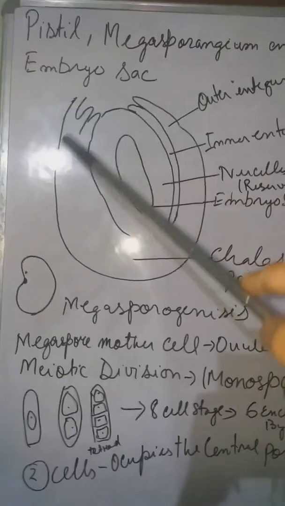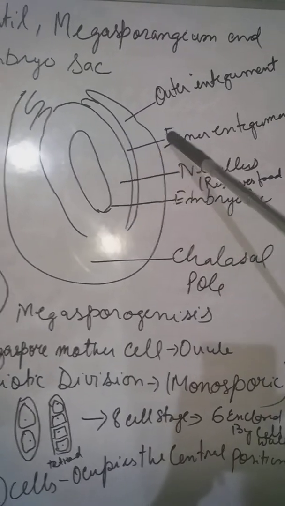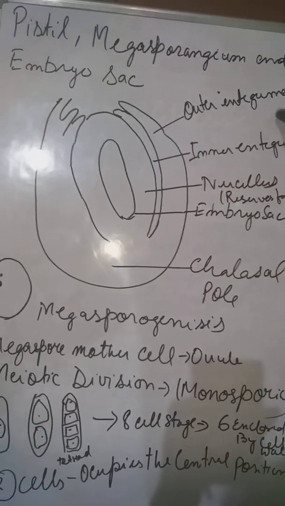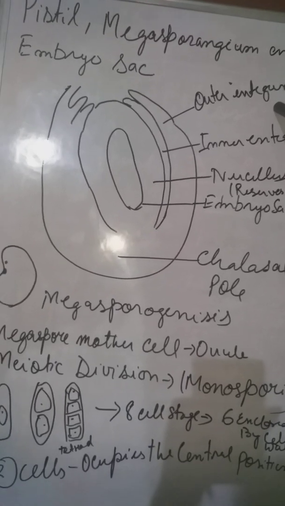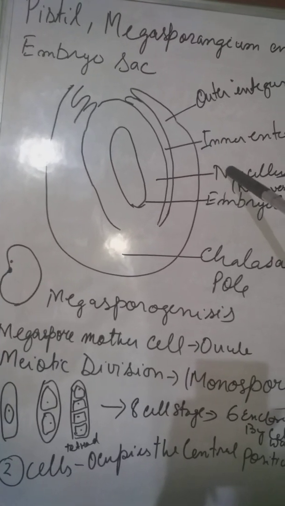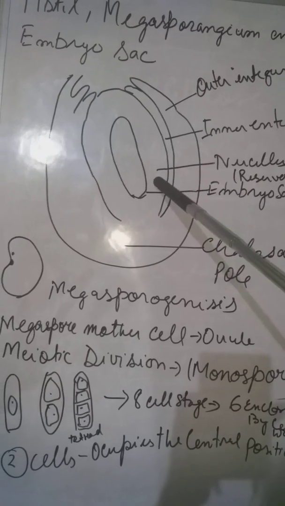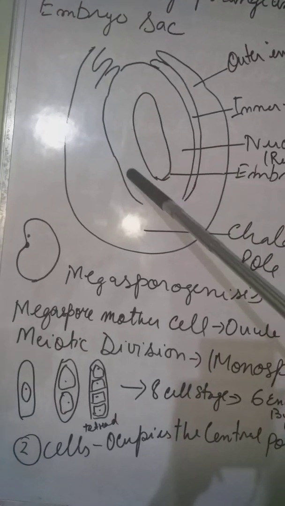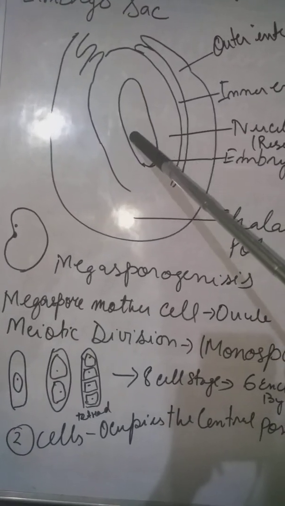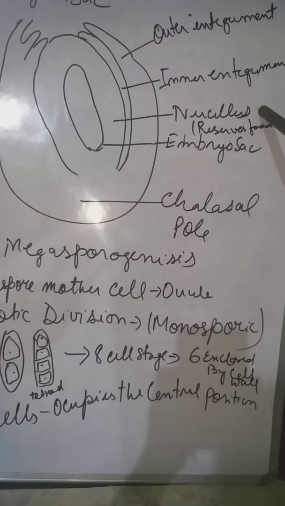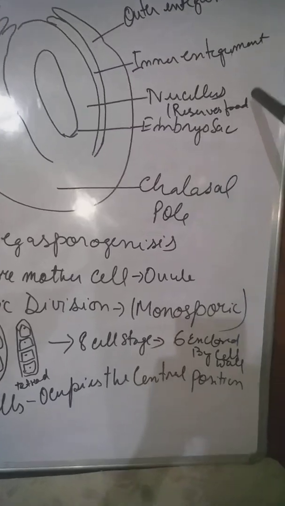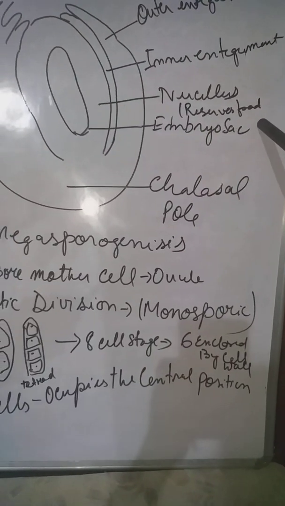Now if we see this diagram very carefully, we have an outer integument, then after that the inner integument, right? Then here you have the nucellus. This part is the nucellus, and here is the embryo sac. Now the nucellus has the reserve food material.